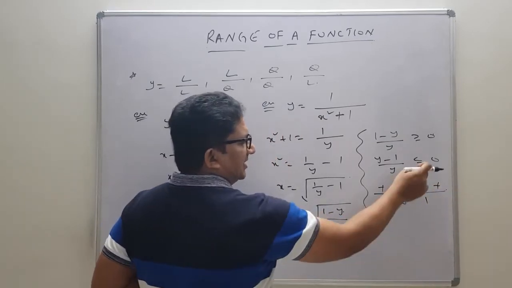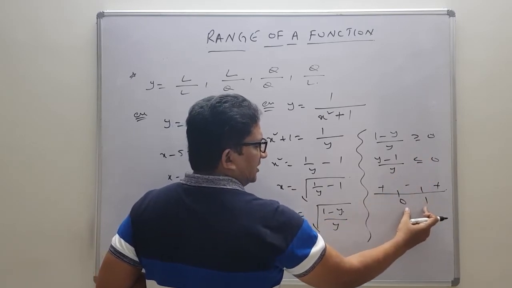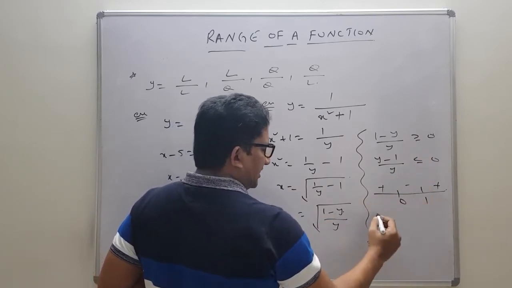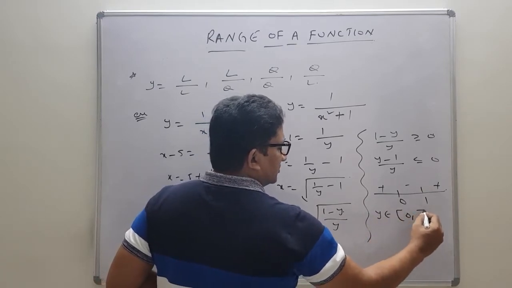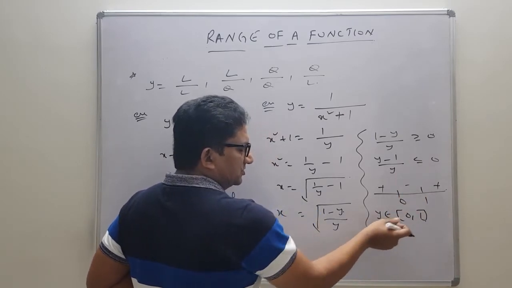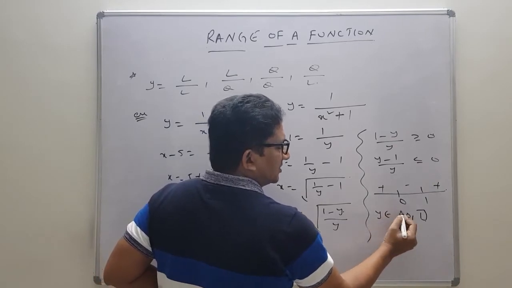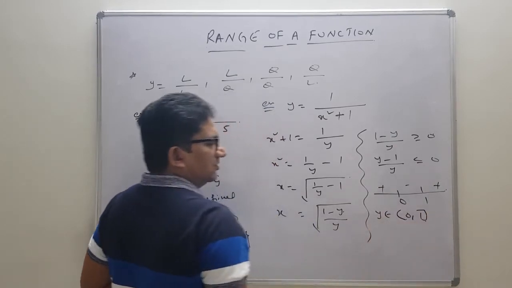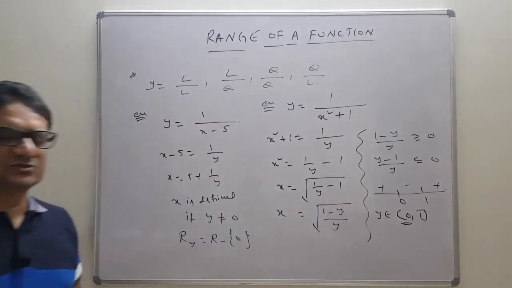Now we need to maintain less than, means negative. Negative is valid in between 0 and 1. So now we can write y belongs to 0 to 1 according to the rule. Here equal is there, that's why I am closing 0. But on closing 0, here x is not defined. That's why we will open 0 and close 1. So this is your range. Y belongs to (0, 1].